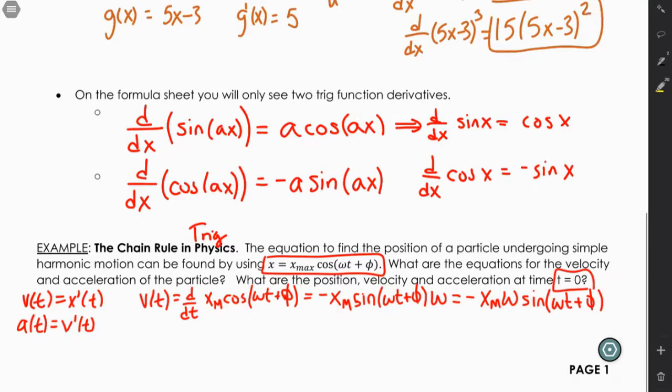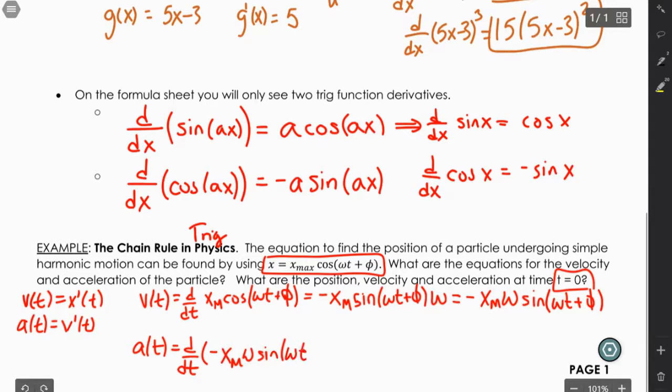And so now we're going to do a of t, which is d/dt of what we just found. So we have negative x max omega sine of omega t plus phi. We're going to do the same thing: take the derivative of the whole thing, so the derivative of sine is cosine, and then take the derivative of the inside.